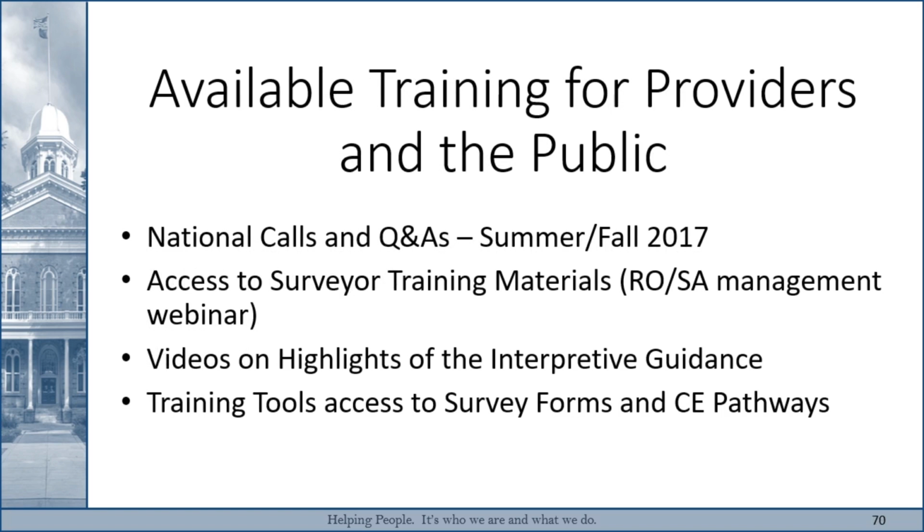CMS also provided for training with the providers and the public by way of national calls, Q&As, access to the surveyor training materials, videos on highlights of the interpretive guidance, and training tools, access to survey forms, and critical element pathways.